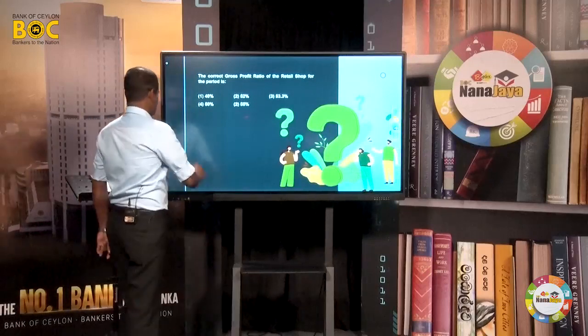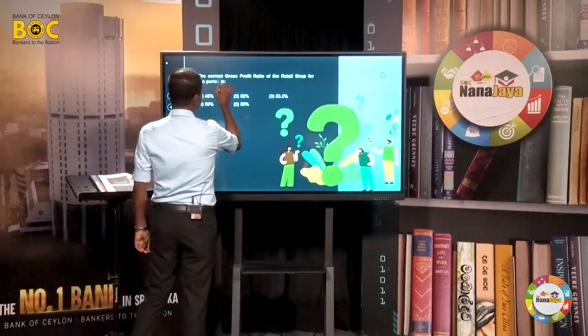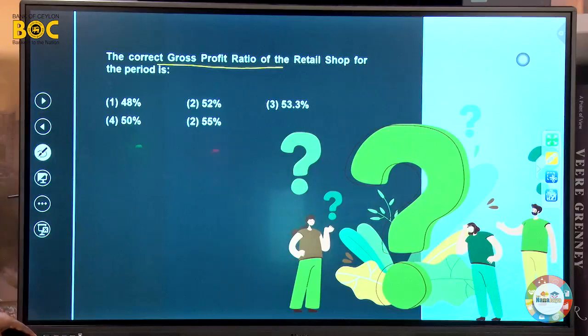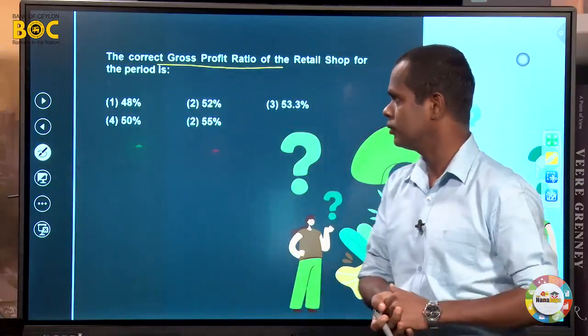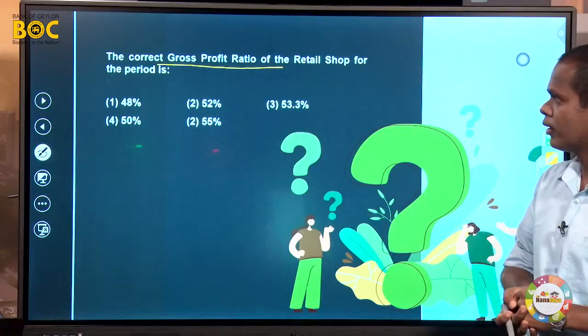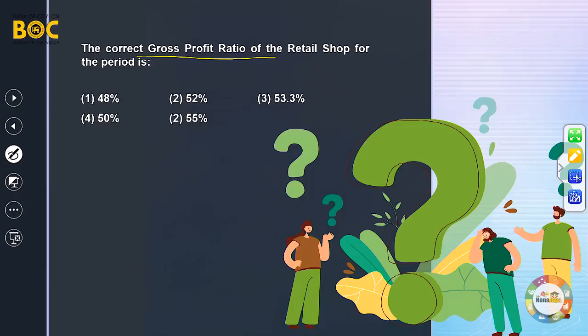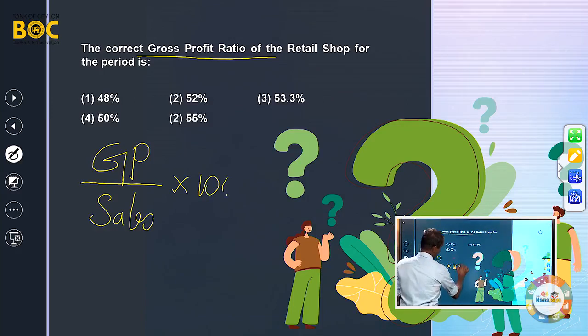The question requires you to calculate the correct gross profit ratio. So how can you calculate it? The gross profit ratio is equal to gross profit over sales into 100.